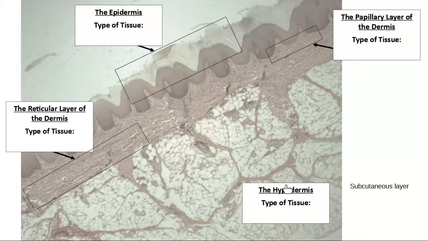Remember from unit number 1, when we're talking about concentrations, we said that hypotonic was a low concentration. So the hypodermis is the lowest layer of tissue. It's below the dermis.